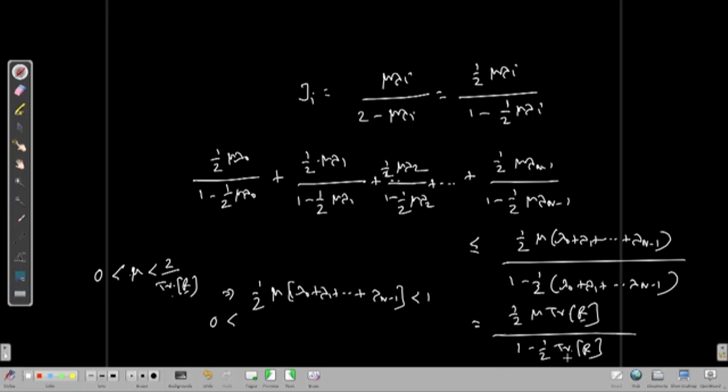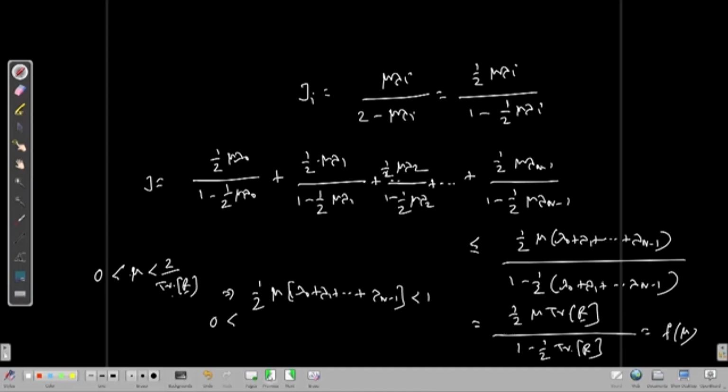Okay. So, let me call it a function of mu. So, this function is above J. For any value of mu, J is less than f of mu.